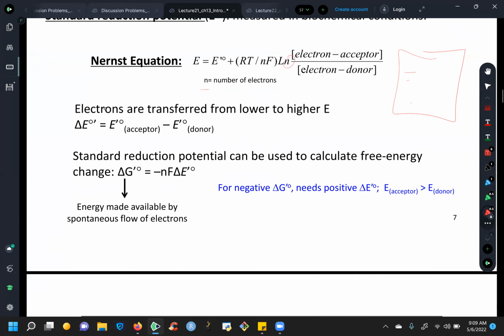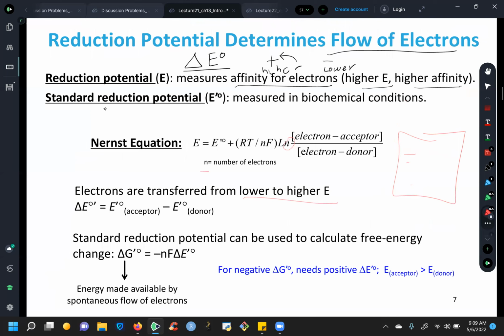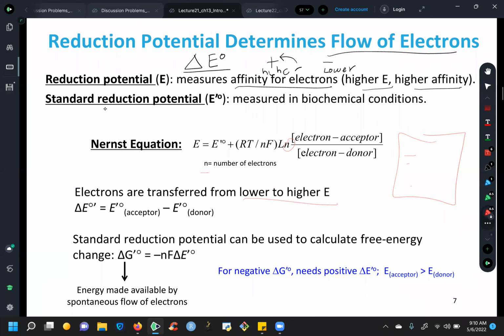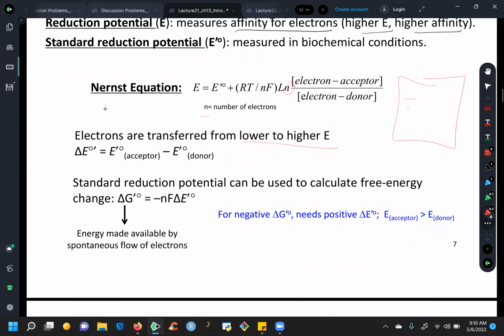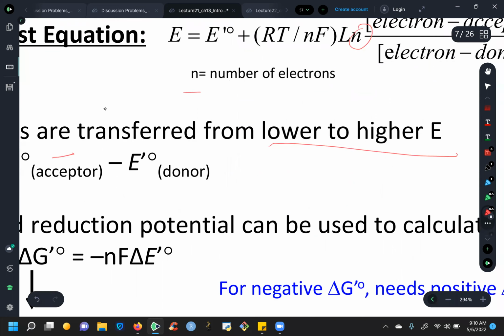Electrons are transferred from lower to higher reduction potential, from the more negative to the more positive. So the acceptor would be the more positive number, and the donor would be the more negative.